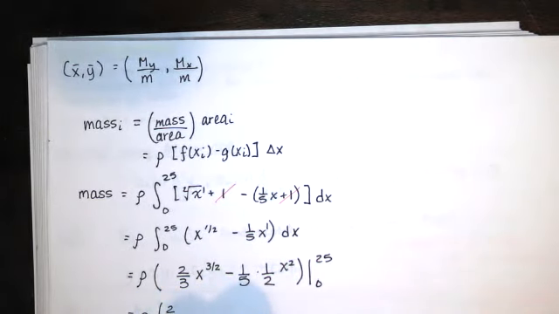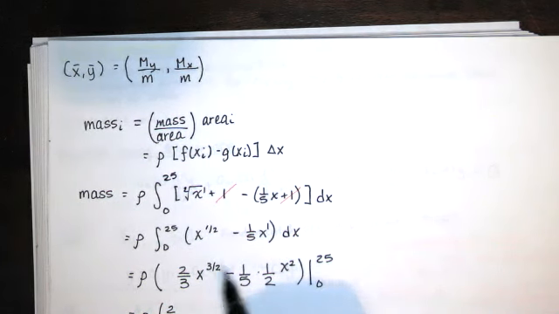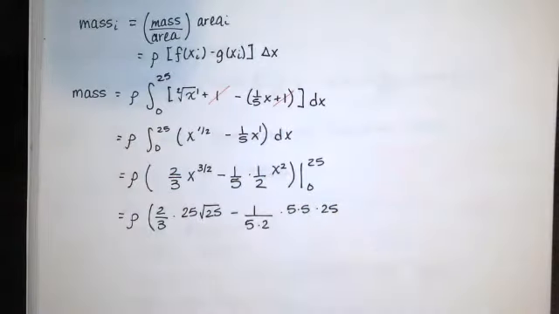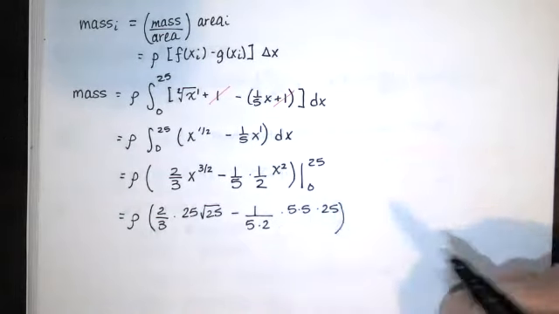So we've got 2 over 3 times 25 to the 3/2. So that's going to be 25 to the first times the square root of 25. And this is 25 squared. I'll write that as 25 times 5 times 5, so that one of those 5s will reduce from here.